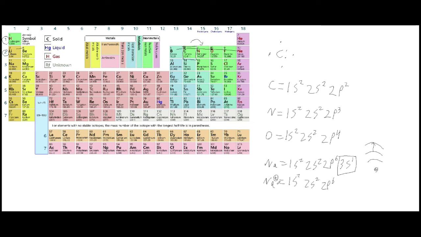It makes it a positively charged ion, and sodium is fairly stable as a positively charged ion.